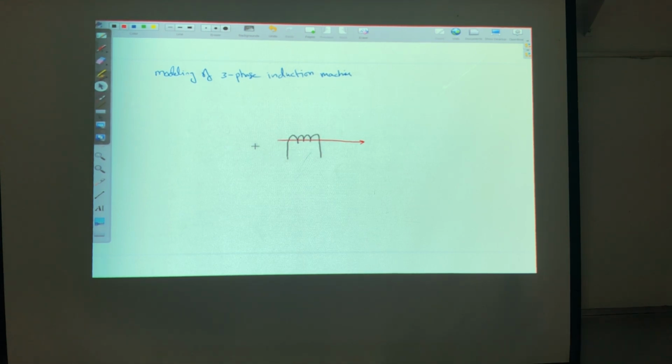Now, the second coil will be distributed 120 degrees in space, let's say. Let's assume it's here. And the third one, after 120 degrees, let's assume it's here.